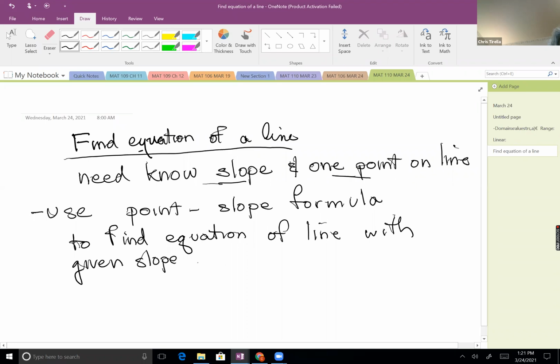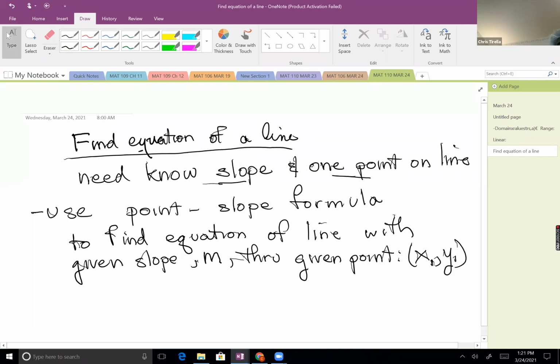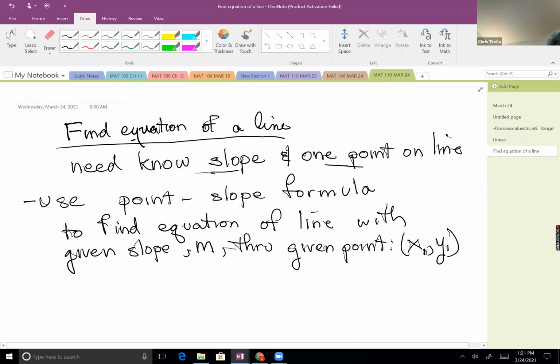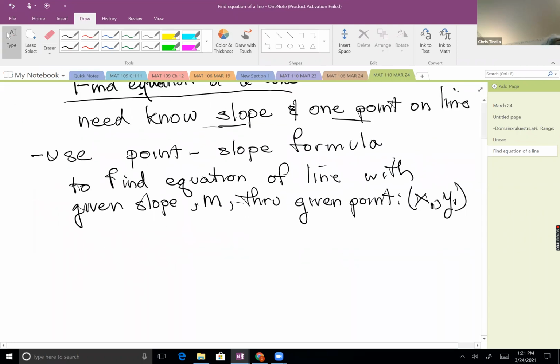So we have to know what the slope is. We'll use m for the slope through a given point. And so we need to know one point. So it'll be x1, y1. And we're going to use that to find an equation that will describe all of the other points on the line.